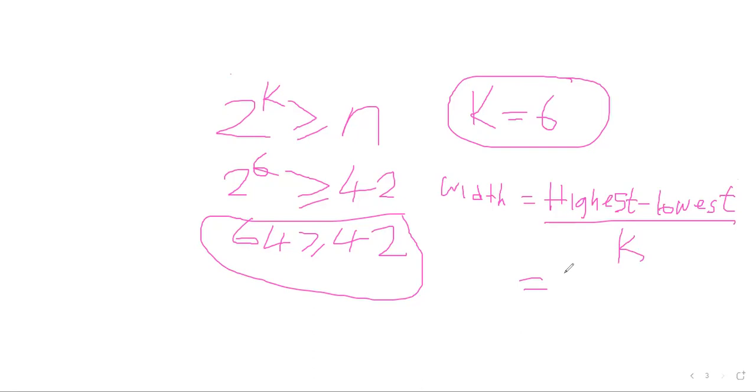So it was 87 minus the lowest value, 22, divided by 6. We found 10.8, which is approximately 11. So this is what was going on.